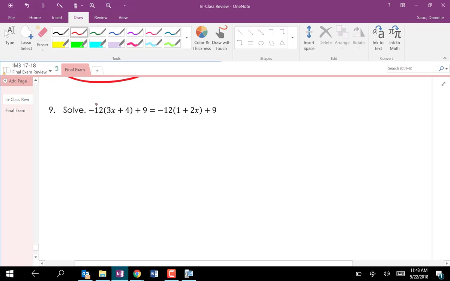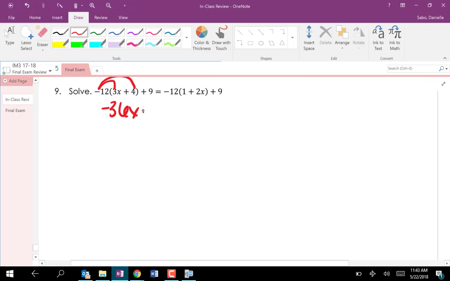Okay, here you would distribute. What's negative 12 times 3x? Negative 36x. What's negative 12 times 4? Negative 48. We did this together in the past.